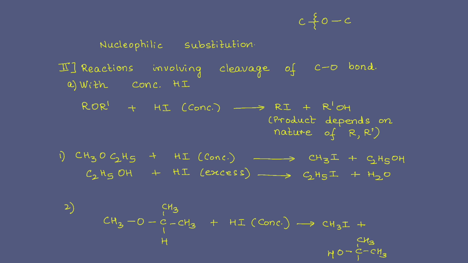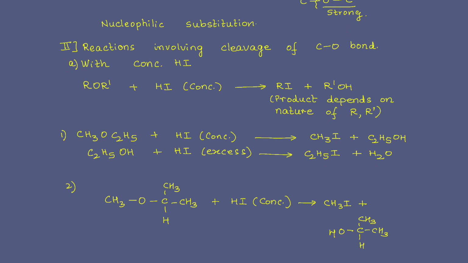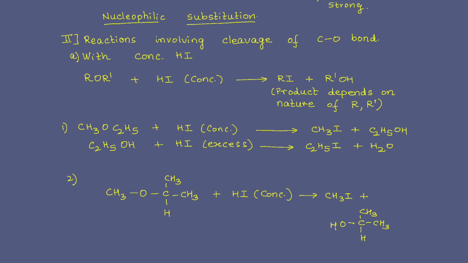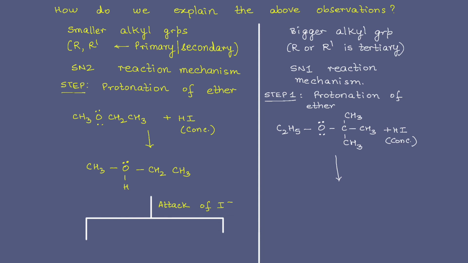So it should be a very strong nucleophile which should convince the ether to break down and be replaced by another atom or group. So what are those nucleophiles which are able to bring about this kind of substitution in the case of ethers? We shall talk about it in the next video because we've got to cover a lot of mechanisms as well in that.